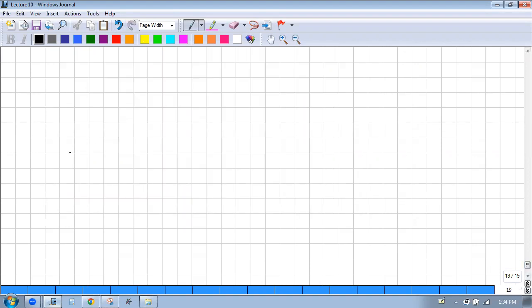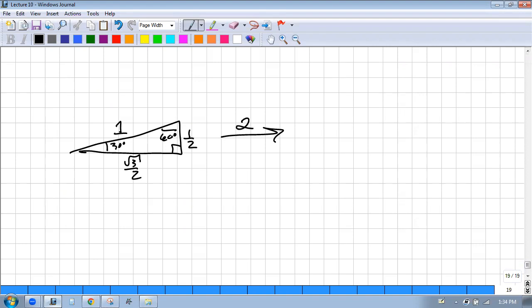All they're saying is if this is a 30 and this is a 60, what do we know about the unit circle? If this is 1, then this is root 3 over 2, and this is 1/2. If I multiply all 3 sides by 2, that becomes 2, this becomes root 3, and this becomes 1.